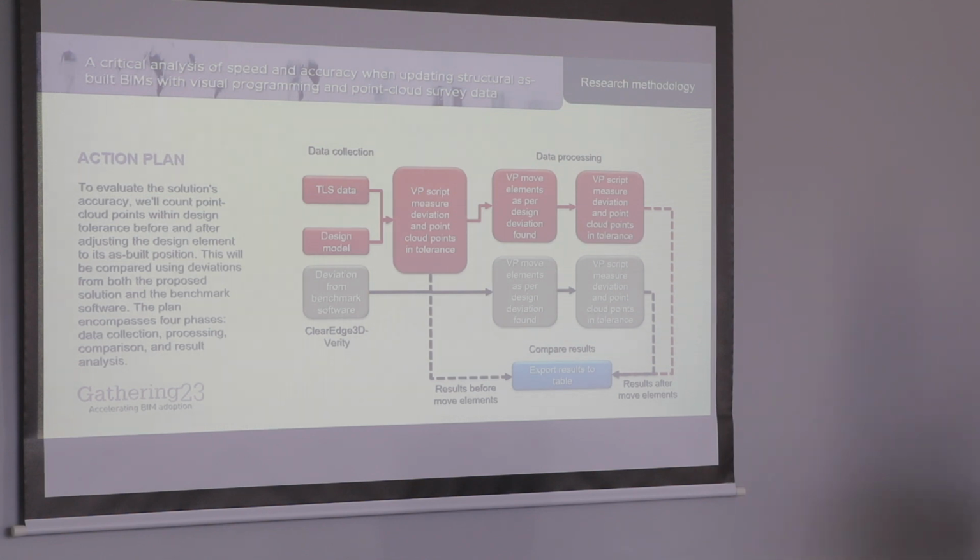If you use Verity, you can get a report saying which walls, elements, floors, beams, pipes are in tolerance or out of tolerance, and you get the geometry, the X, Y, and Z, that's the deviation. So I got this report for the same area, but then I ran the script from this research, got my results and compared them.